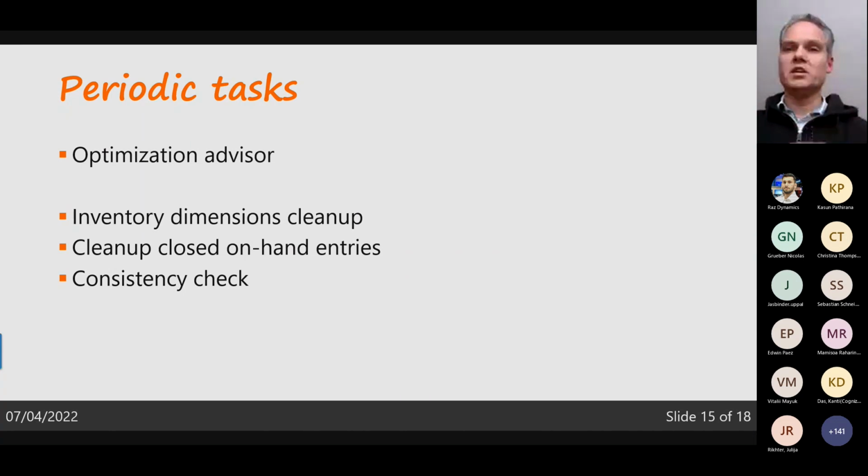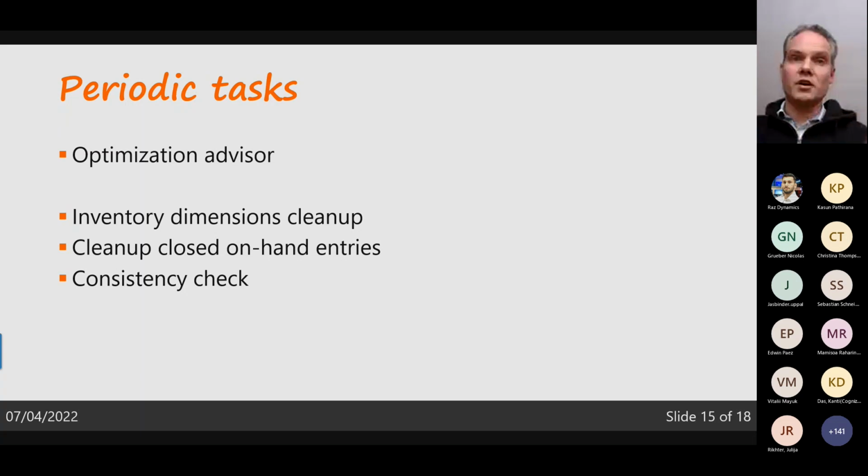It will delete those records from the application, which will then improve the performance in the application for the on-hand, but also for the reservations. And the same as for the inventory dimensions, if it will be reused in the future again, it will recreate that invent sum record. So there's indeed no issue in using that.